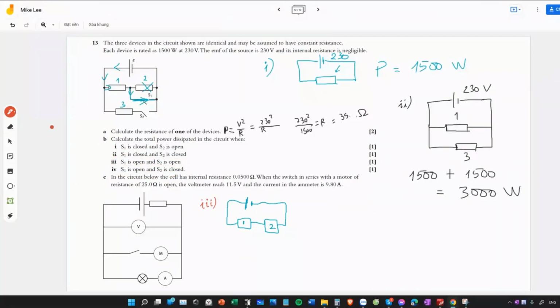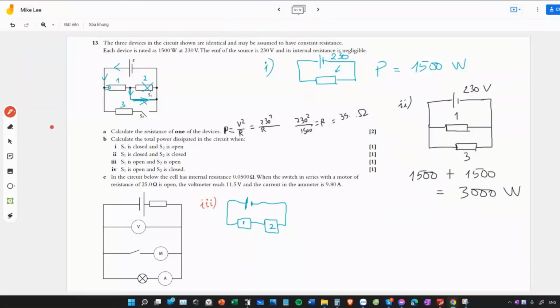I think it will also be 3000 watts. No, because the voltage applied to each resistor is now not 230, but half of that for each resistor. And you need to calculate the new power for each resistor.